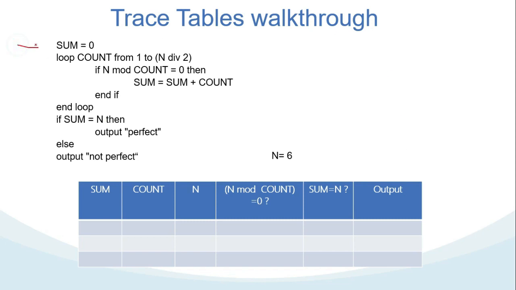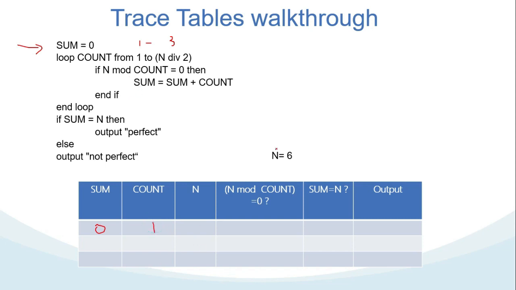Now let's run this code. Sum is 0. Count is 1, and we have n div 2. Our n is 6. So 6 div 2 is 3. So we will do the looping from 1 up to 3. So our count is 1.